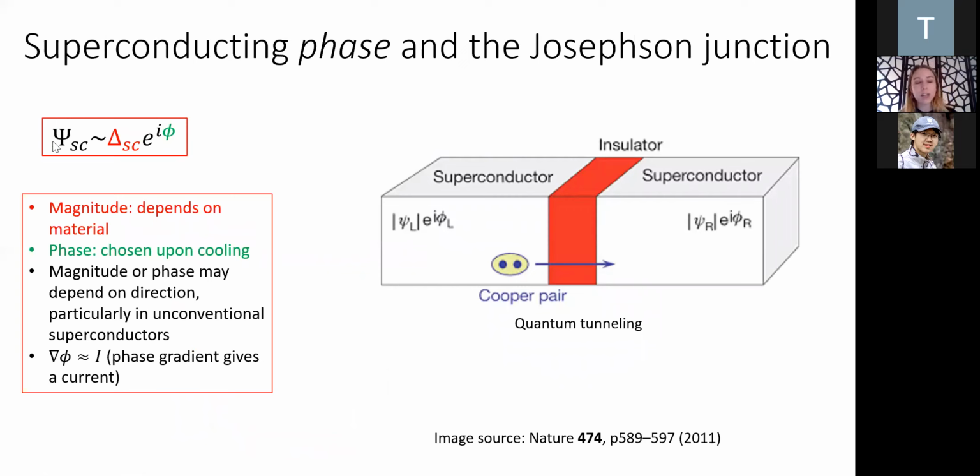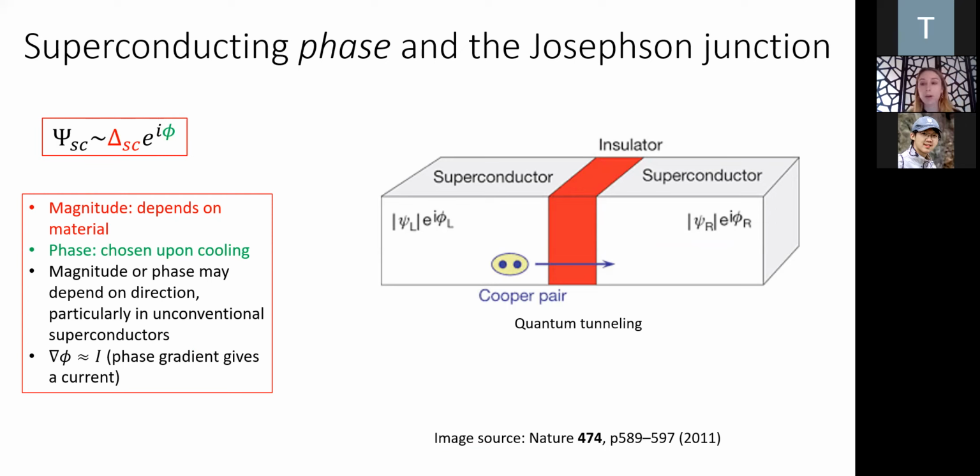The wave function of a superconductor can roughly be written as some amplitude times some complex exponential, which contains a phase. The magnitude, this delta parameter, depends on the material.